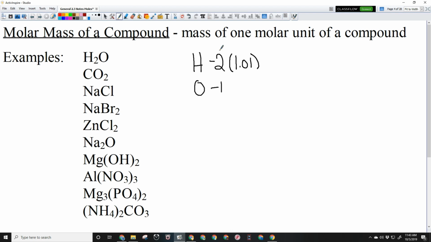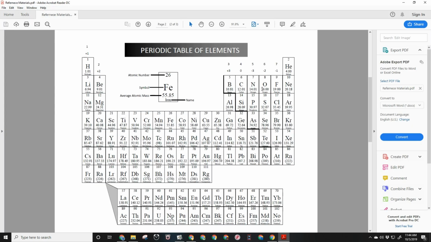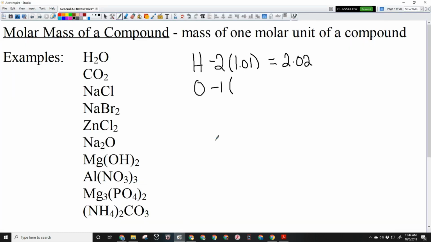So we're going to multiply this by 2 to get the total mass of hydrogen that's in that molecule. And we're going to take oxygen, which is 15.99. All right, so on your periodic table, instead of being 15.99, it's been rounded to an even 16. So this is an even 16.